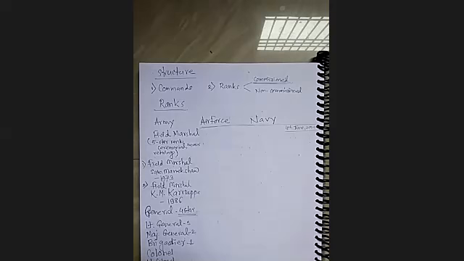Then the Air Force is commanded by the Chief of Air Staff, Air Chief Marshal, which is again a 4-star rank, and the Navy is commanded by the Chief of Naval Staff, whose rank is the Admiral, and again it is a 4-star rank.